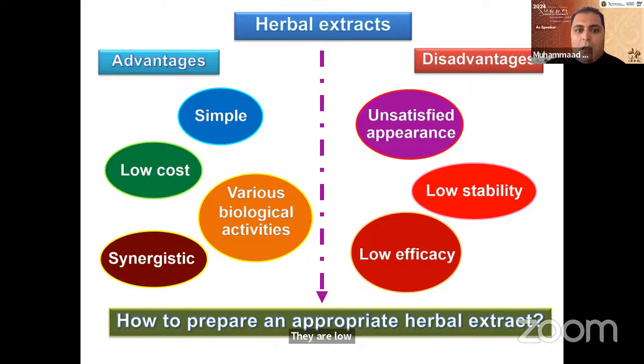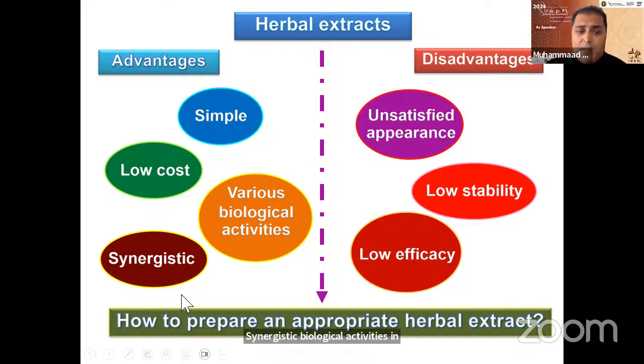So they are easy to obtain, and also because of their diverse chemical nature, in a particular extract of any plant there is a variety of compounds. So they exert individual as well as synergistic biological activities in combination.